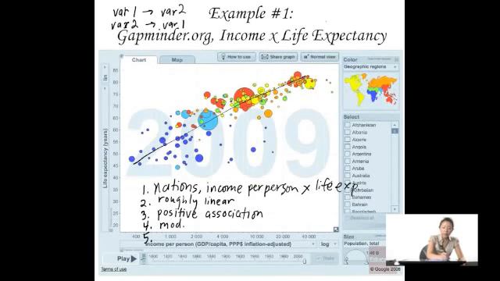And finally, we might want to think about how some third variable, variable 3, the mystery variable, might impact both 1 and 2, right? So we might think, okay, if you have a higher income per person, if you're a richer country, you have better health care, better facilities, better sanitation, right? So you might have greater life expectancy. Also, if you have greater life expectancy, you could invest in more education and more long-term things, and because of that, that might increase income per person.